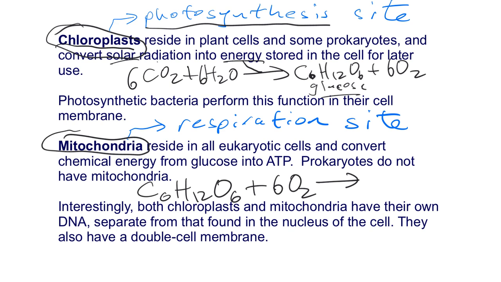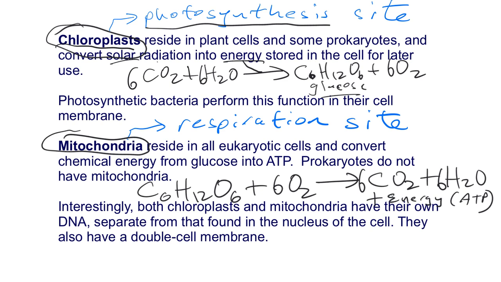Because that's why we have to breathe oxygen. And it breaks it down to CO2, carbon dioxide, plus water, plus a lot of energy that's stored in ATP, the energy coin that you can spend anywhere in a cell when you have to do work. So mitochondria is in all eukaryotic cells.